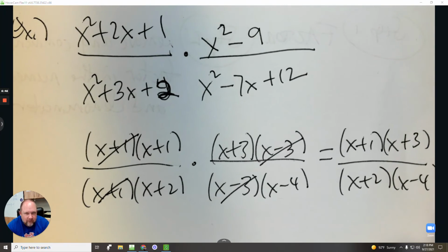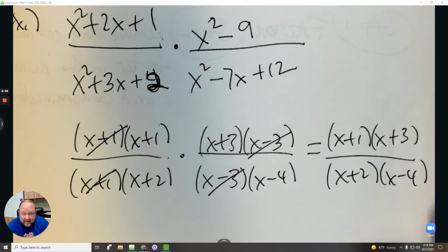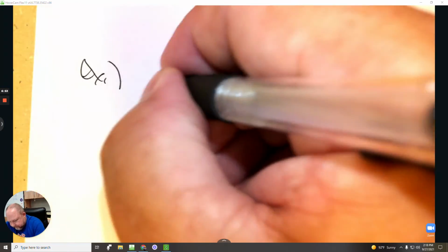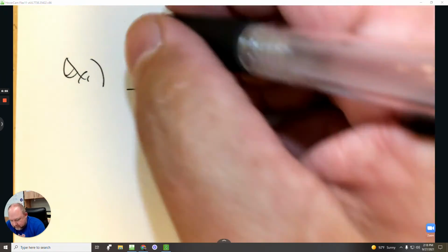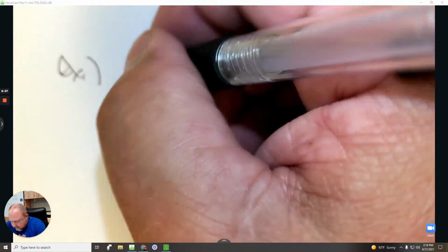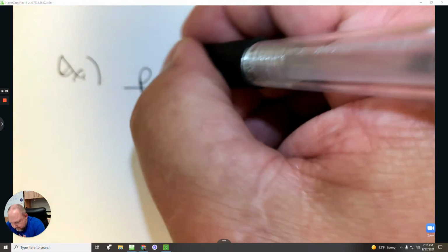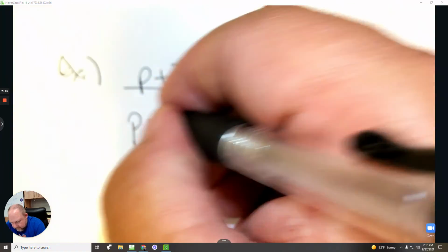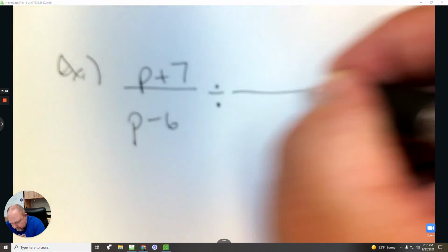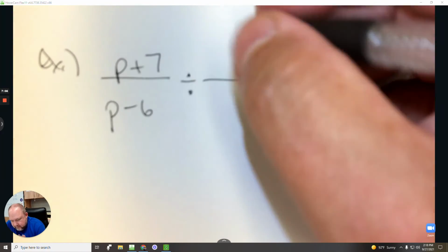Now, the last thing we're going to do is focus on dividing. So if I'm dividing rationals, let me set this up.